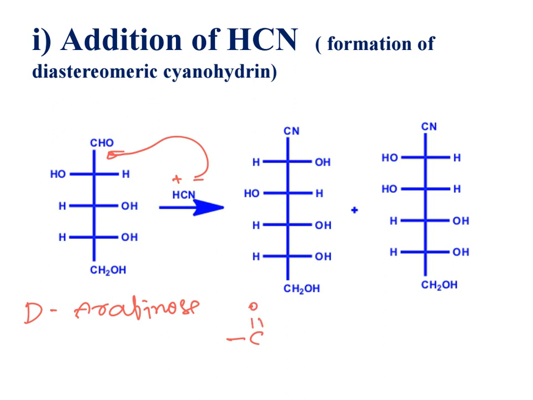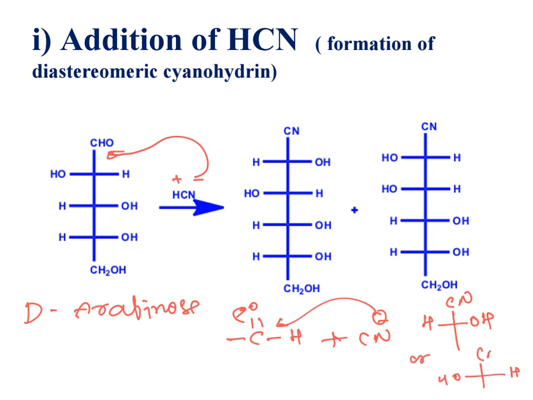If I take an aldehyde group in this fashion and CN- attacks, the OH can be oriented either on the right side or maybe on the left side. Based on these two, we get two diastereomers.